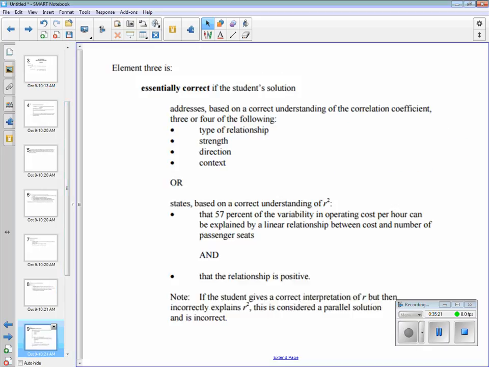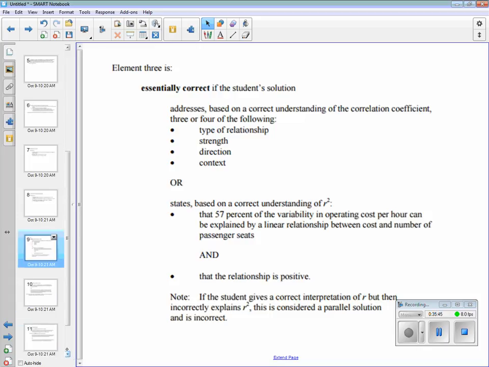The next question, again for part B, is the interpretation of R. So, the interpretation of the description. We're looking at strength, direction, context, and linear. They could have also done R squared. So again, you had to say linear, moderate, positive. Okay?